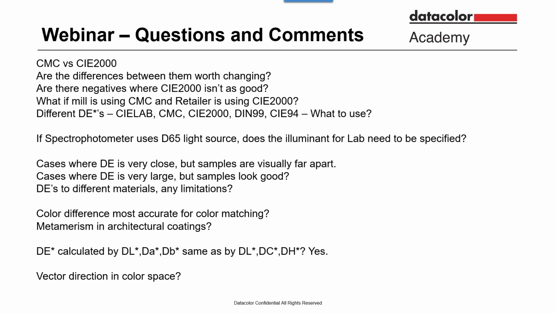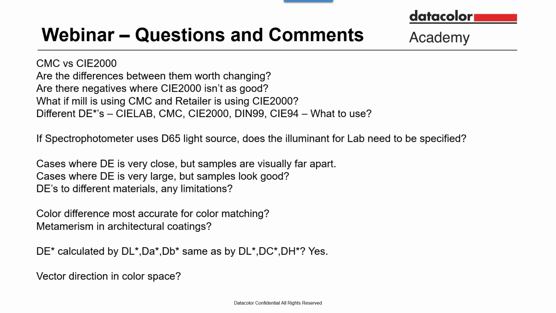I would say you want to take a look at it, and the trend would be towards using it. Are there negatives where CIE 2000 isn't as good? I don't really have a lot of experience in that area. I'm sure you might find a color here or there that's different, but I don't think there would be a reason to use one over the other.